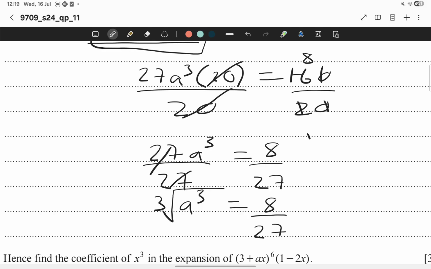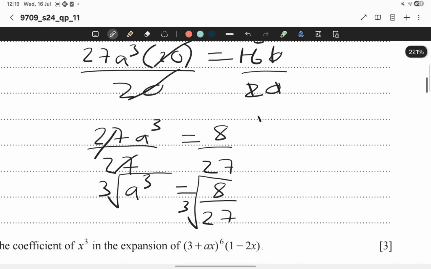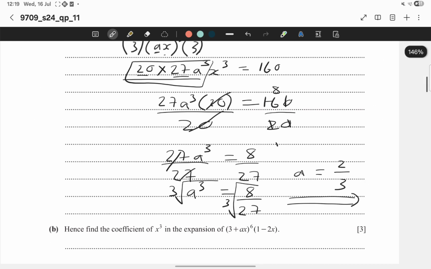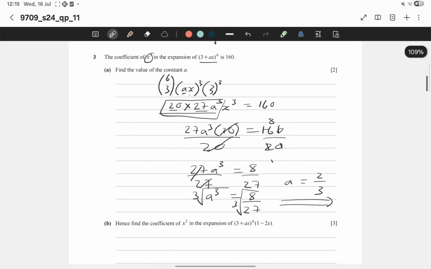Then we take the cube root of both sides, so a is equal to 2 over 3. And that's a bit of binomial expansion there. So I'm going to be doing part B and then following questions in the next videos.